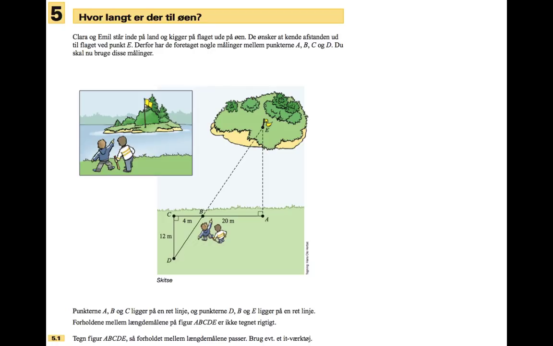So it says draw the figure A, B, C, D, E in the correct measurements. It says you can use IT tools such as GeoGebra. I recommend you don't. I recommend that it's easier and you can come up with a neater result doing it on graph paper.